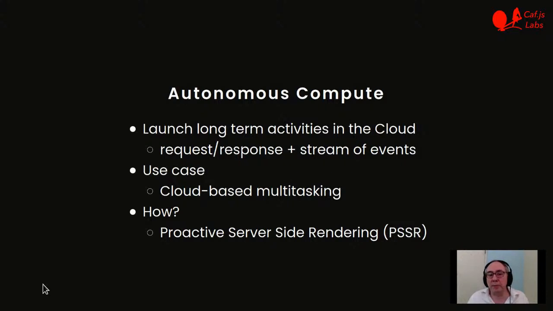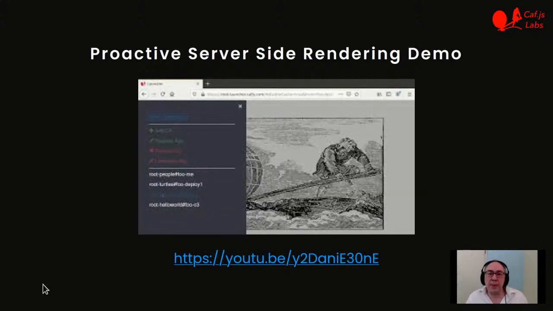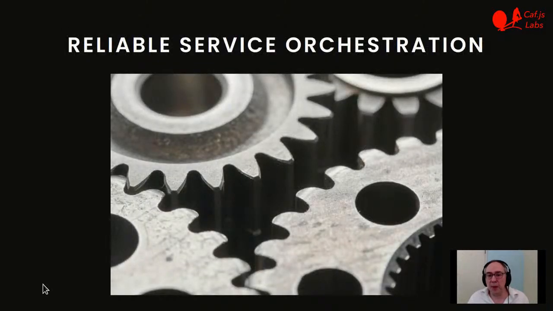Then the client will just very quickly do a lookup and continue with standard SSR hydration after that. We think this technology is going to be great for 5G networks because of the low latency. There's a demo of proactive server-side rendering on YouTube, and I encourage you to have a look at that too.